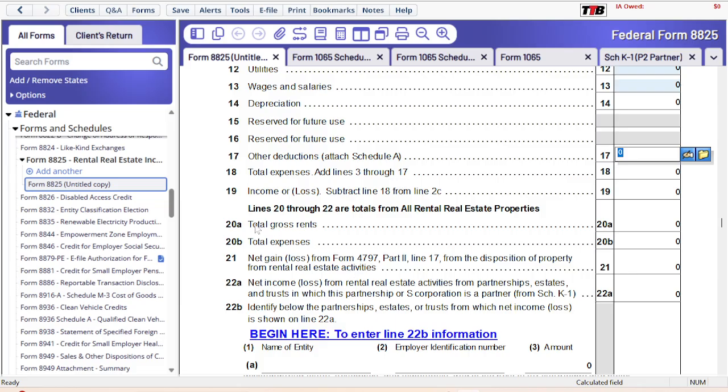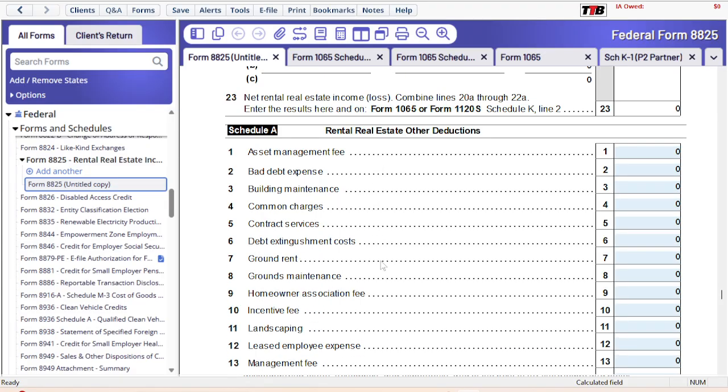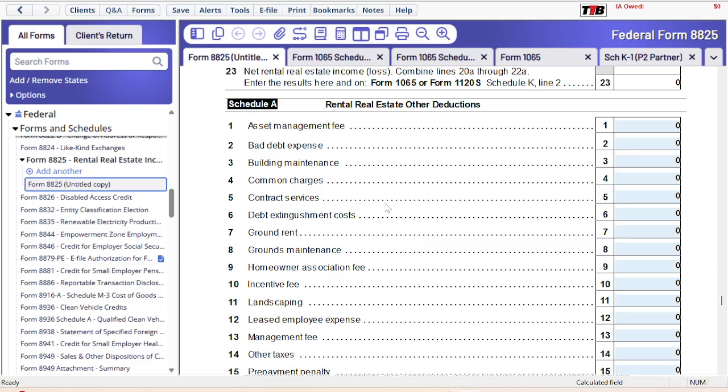So, and then we have, okay, total all other rental property estates. So total gross rents and total expenses, they will come here. So let's come down. Oh, here is the Schedule A. So for other deductions that they are talking about, they have ground maintenance.